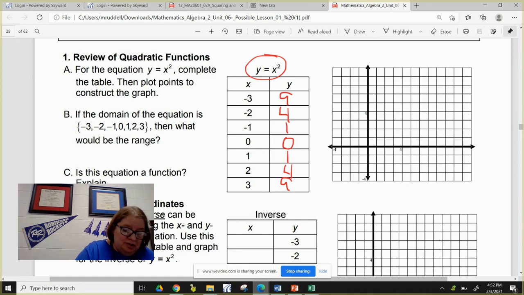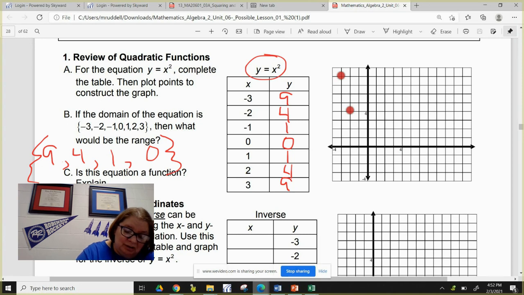It says if the domain of the equation is negative 3, negative 2, domain is the x's, then the range would be 9, 4, 1, and 0. That's your range because that's the y's. We're supposed to plot these and make the graph. So I have negative 3, 9, and negative 2, 4. One, 2, 3, 4, 5, 6, 7, 8, 9.